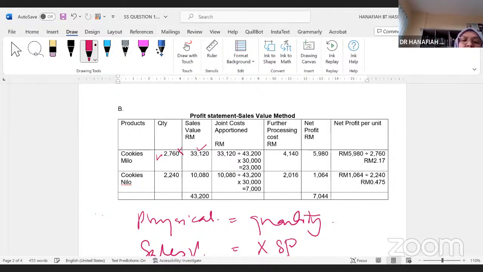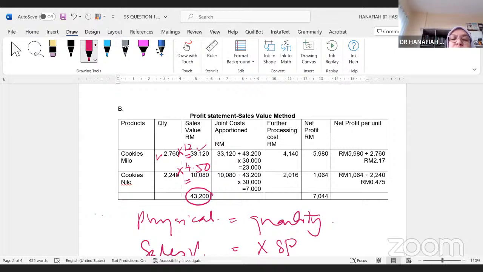This is times 12 and this is times 4.50. So you get 33,120 and 10,080. And the total sales value is 43,200.